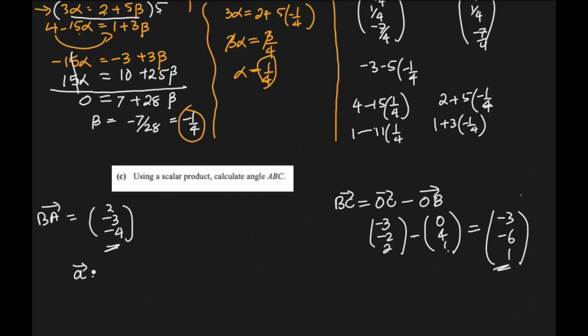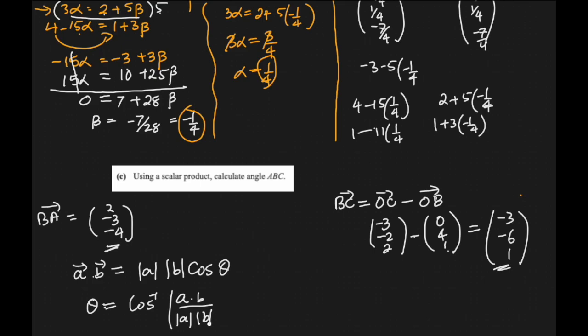The formula for that is A dot B is modulus of A modulus of B cos theta, and theta is cos inverse of A dot B over the product of the magnitudes of A and B. That's it. All right. So A for us is BA.